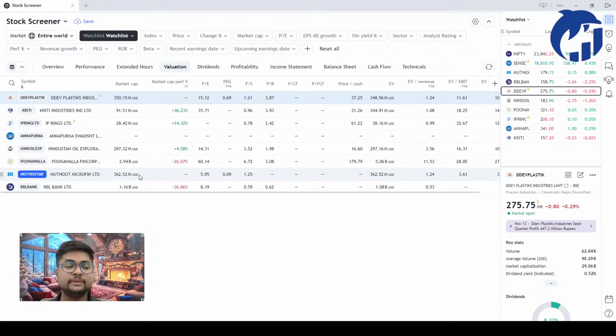Muthoot Microfinance Limited, Hindustan Oil Exploration, IP Rings, Kriti Industries and DDEV Plastics are small cap as of now, because in terms of rupees it is less than 20,000 crore rupees. So the only two mid cap stocks we have are Poonawalla and RBL Bank.